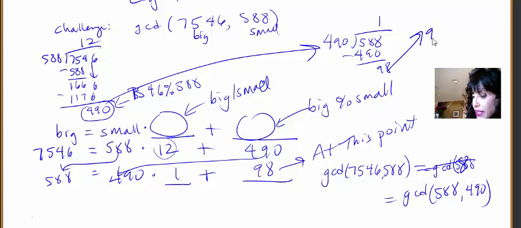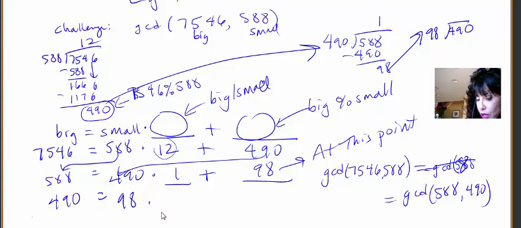So what happens? 98 is going to become the new small, and 490 is going to become the new big, and we have to fill in these blanks here. This is where getting a calculator is maybe useful. It turns out 98 goes into 490 exactly 5 times, and we get that 0 remainder.